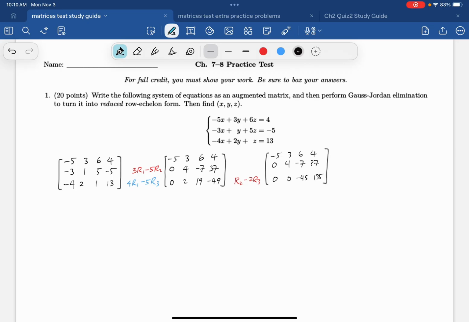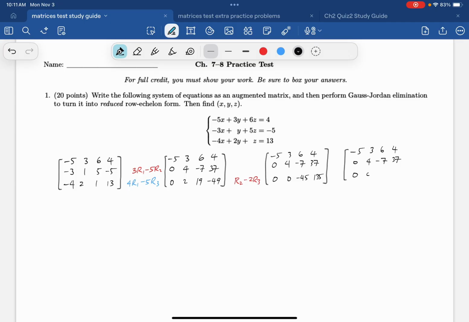And then my next step, I can probably simplify the third row. I can divide both 45 and 135 by 5, which gives me negative 5, 3, 6, 4, 0, 4, minus 7, 37, and actually 45, 135 is just 45 times 3, right?